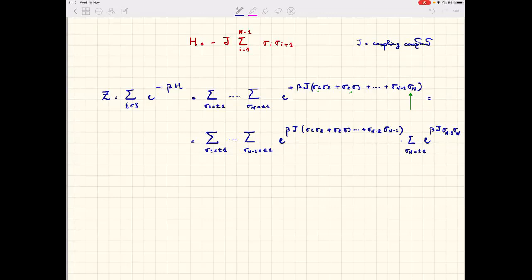Everybody agrees with this, right? And now let's look at this summation. It is equal to 2 cosh of beta J sigma n minus 1. Correct?